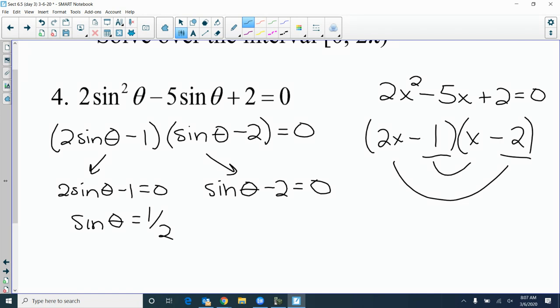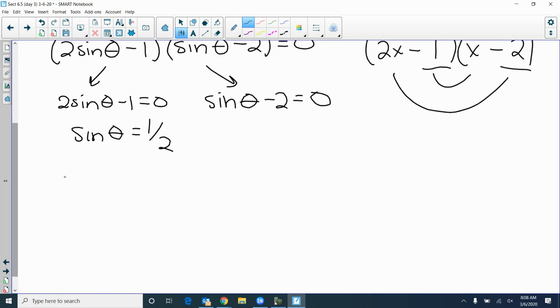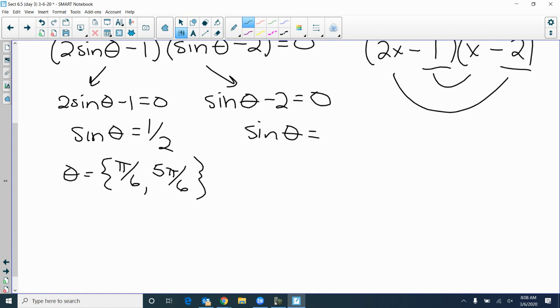Where's sine theta equal 1/2? 30 degrees, which is pi over 6, and 150 degrees, which is 5 pi over 6. So theta equals pi over 6, 5 pi over 6. All right, for my second one, sine of theta equals 2.